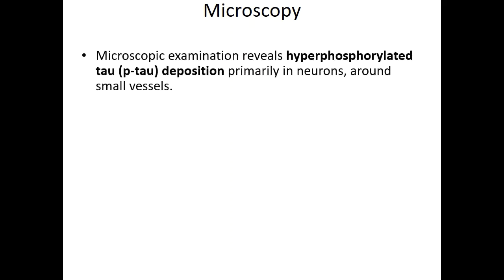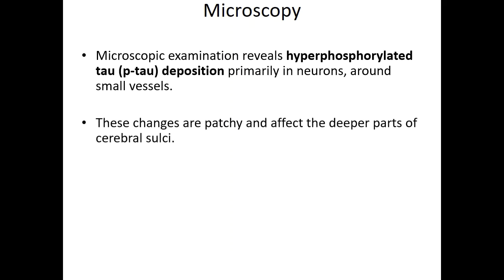Now, we come to the microscopic picture of it. Microscopic examination shows a characteristic hyperphosphorylated tau protein deposition in the neurons around the small vessels. These changes are patchy and affect the deeper parts of the cerebral sulci.